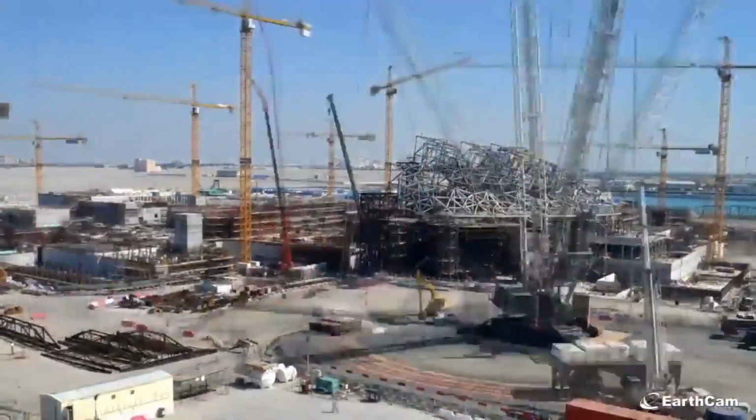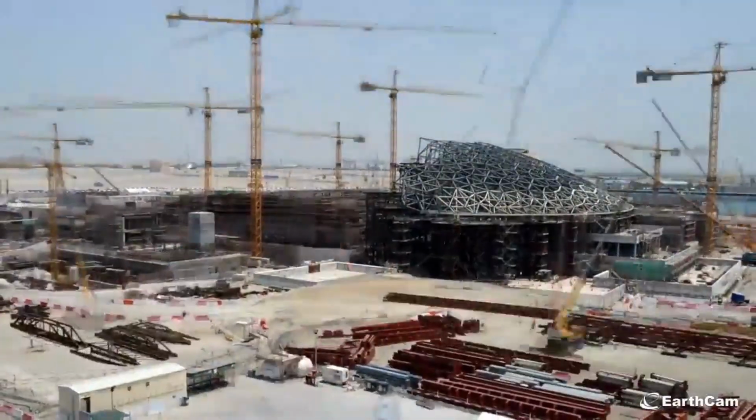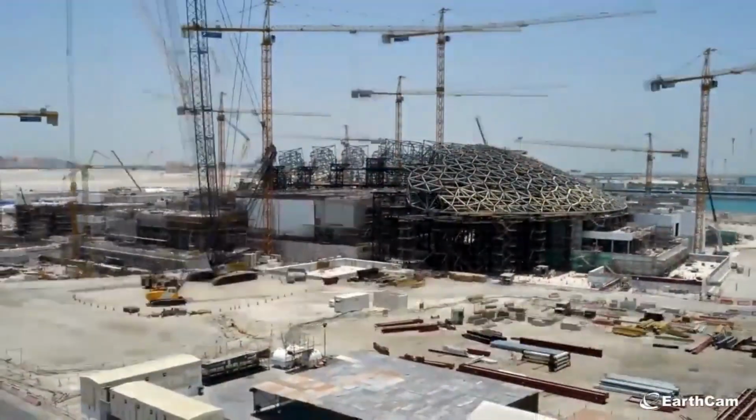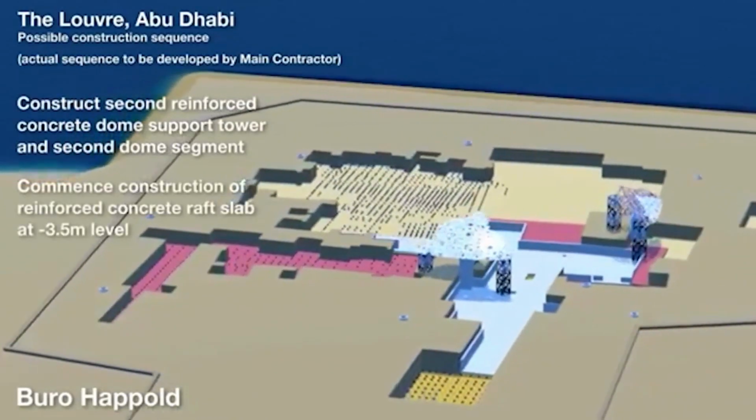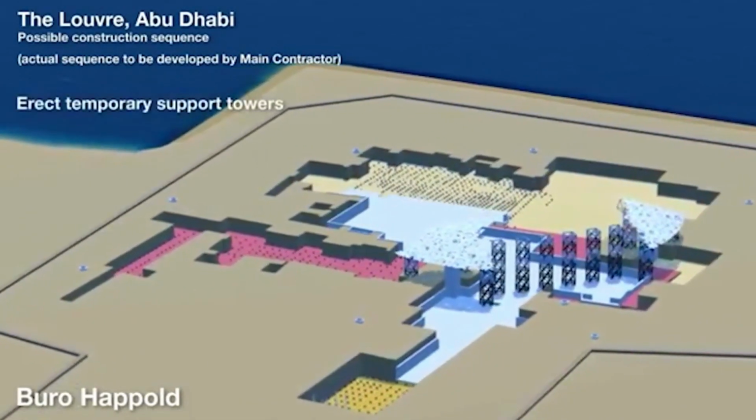So now I'm going to have a closer look at the dome support tower, the temporary steel tower, and the formation of the dome. As I said earlier, the Louvre Abu Dhabi was constructed simultaneously. The dome and the tower supporting its structure were constructed at the same time.